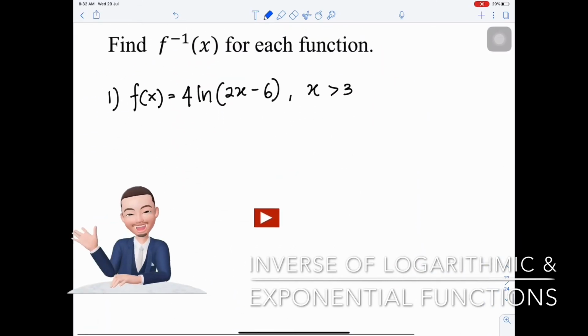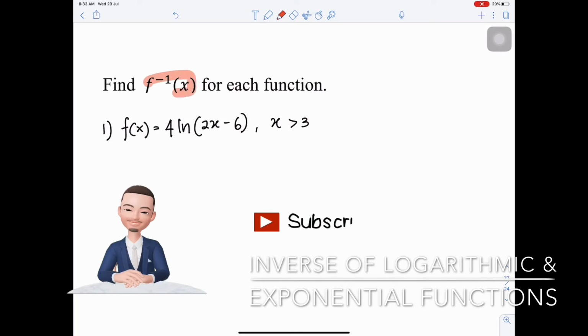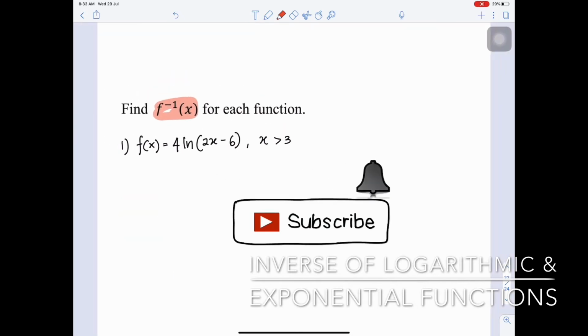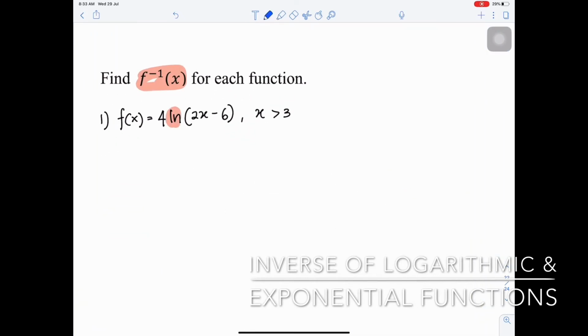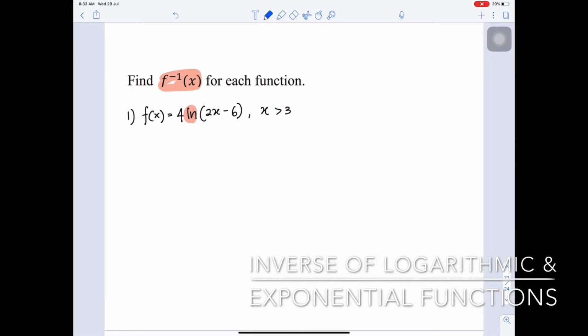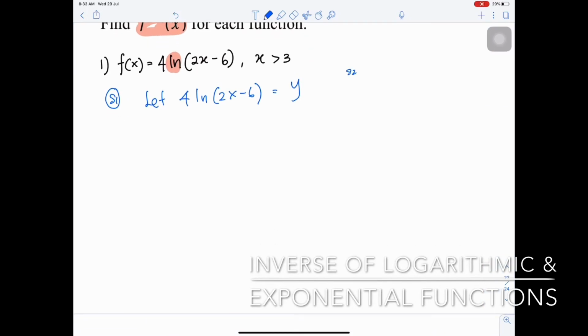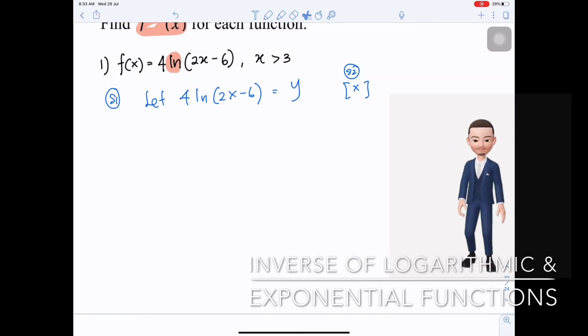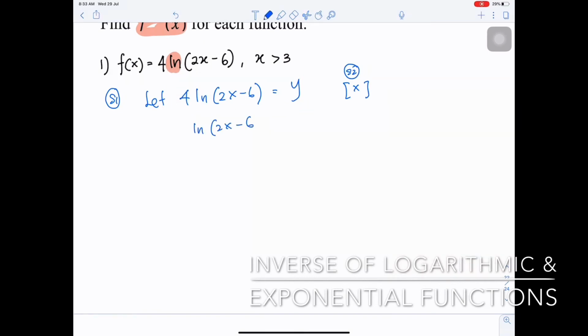Now let's look at how to find the inverse function for a logarithmic function, that involves ln. As usual, step 1: let 4 ln of 2x minus 6 equal y. Step 2, make x the subject of the formula. So 4 goes to the right and becomes division, and ln of 2x minus 6 equals y over 4.